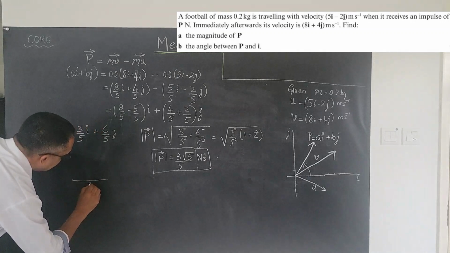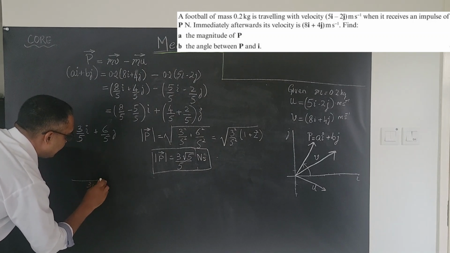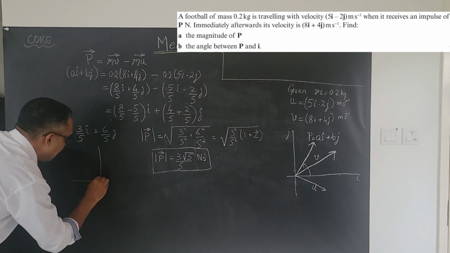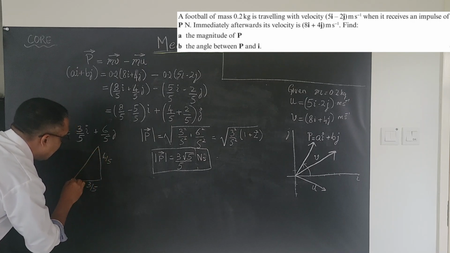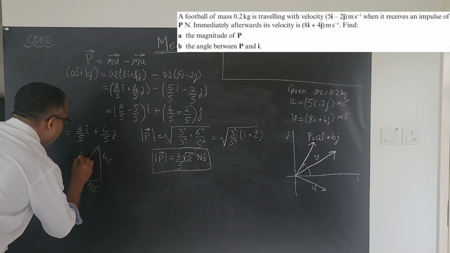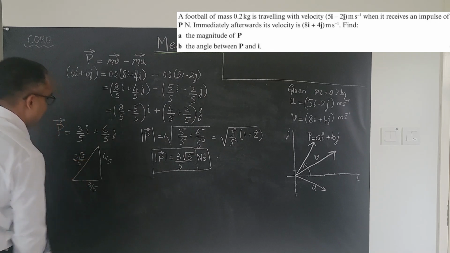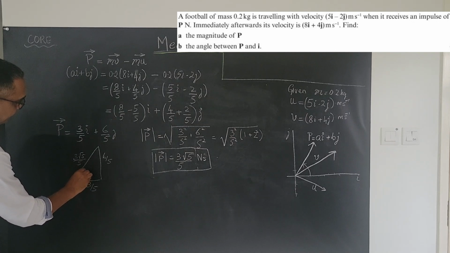If this is 3 by 5 and this is 6 by 5 and this is nothing but 3 root 5 over 5, you need to determine this angle.